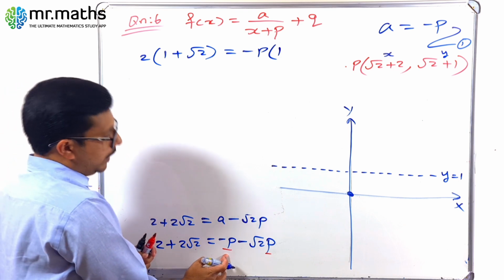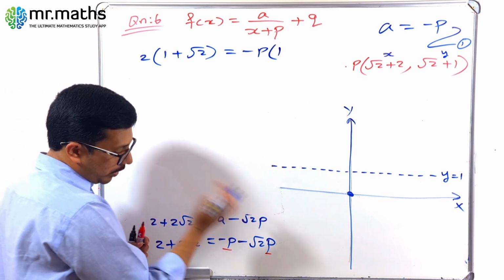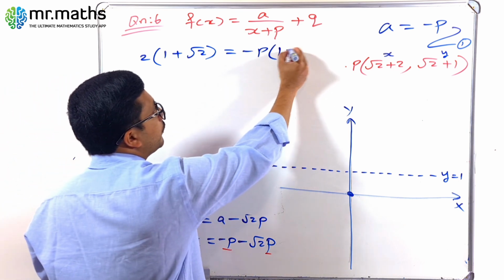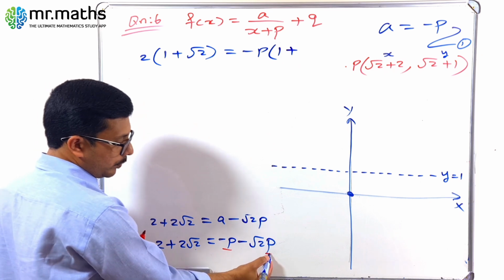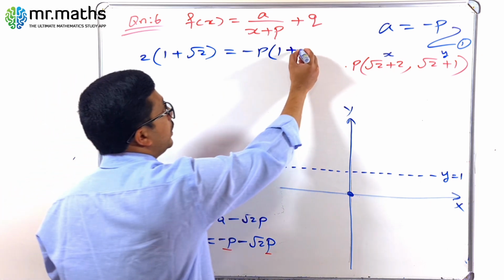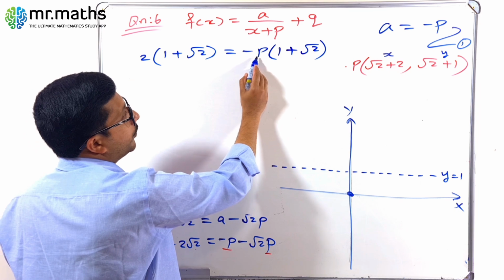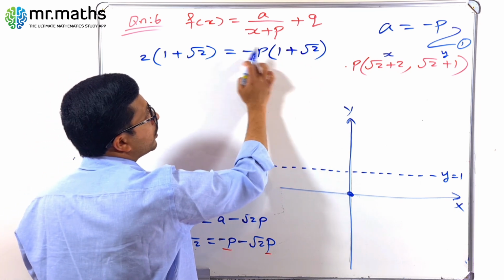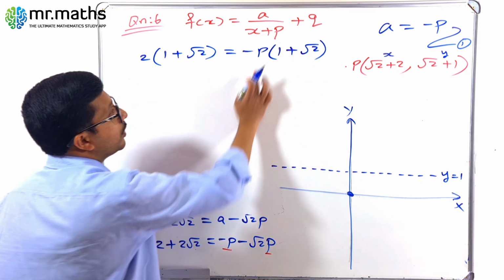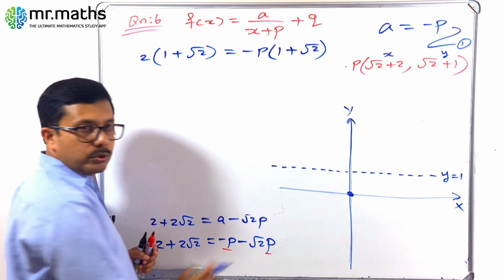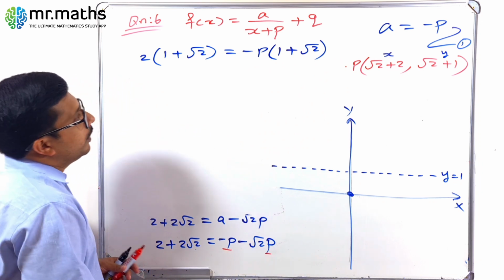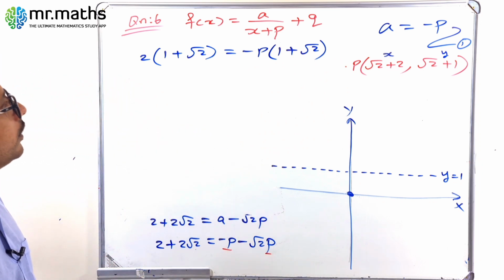Then this minus is already outside, so here we have to write plus. This p is gone, so remaining is root 2. So here if you multiply minus p into minus into plus is minus, p into root 2 is root 2p, so it's fine.